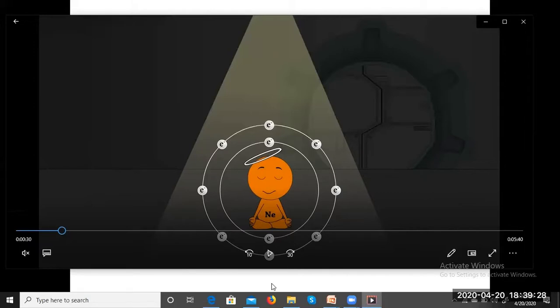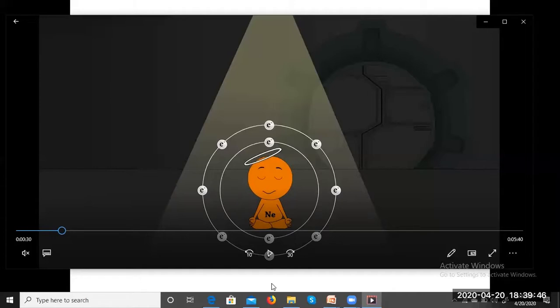For the first 5 elements, the duplet rule is followed, meaning 2 electrons in the outermost shell. The rest of the elements in the periodic table try to have 8 electrons in their outermost shell.